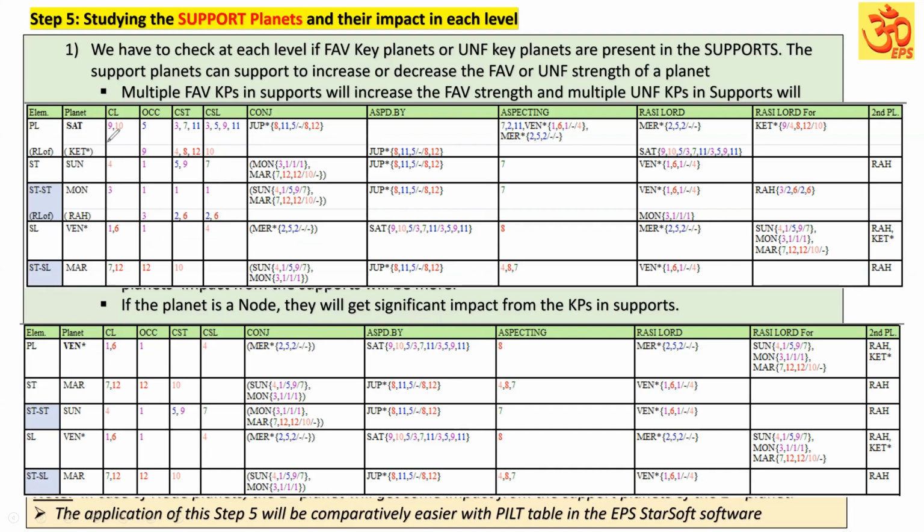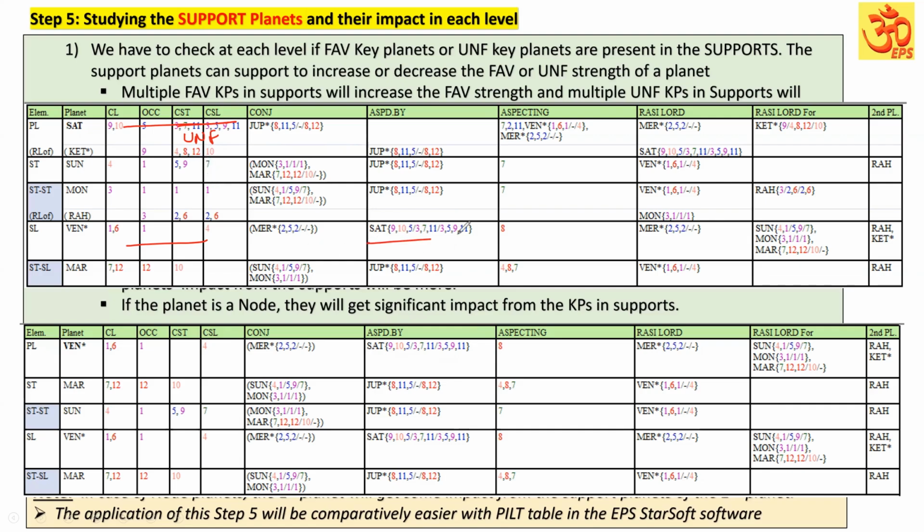Suppose, for example, Saturn is unfavorable, having all unfavorable houses in this case. Venus is having 1, 6, and 4 here. Imagine Saturn is having unfavorable houses like 4, 8, 12, or 10, and 6 also. So an unfavorable grouping is there for the event of marriage.